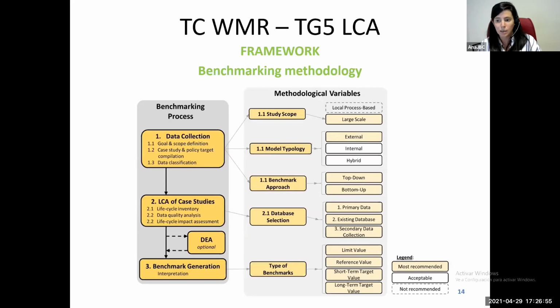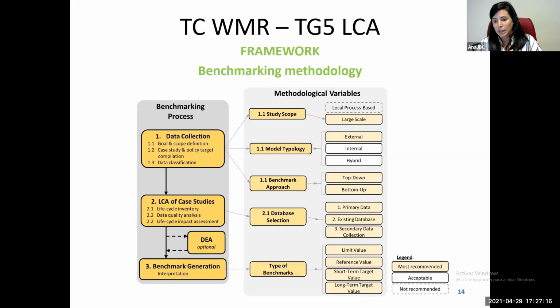It's a bit complicated, but we are doing the bottom-up approach. We chose that one because it's more precise. We are actually taking data from processes, for example the manufacturing of aggregates, bitumen, etc., to get to our product, which is the asphalt mixture.